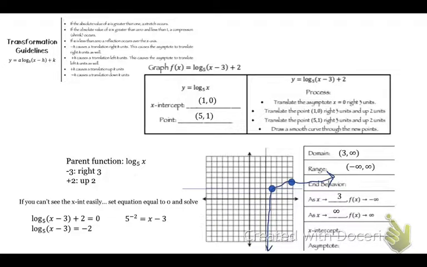So that's 5 to the negative second power equals x minus 3, which is 0.04 equals x minus 3. Add the 3 over, so x equals 3.04. Asymptote is at x equals 3.